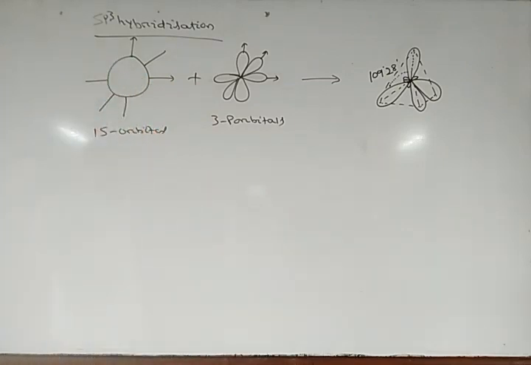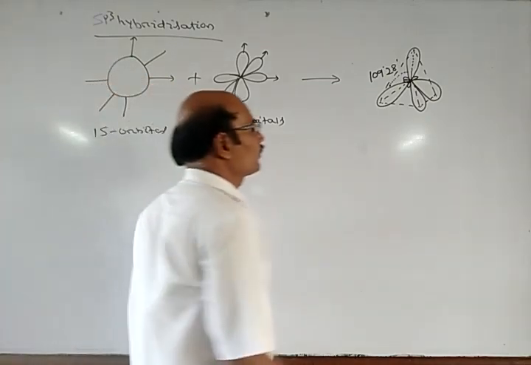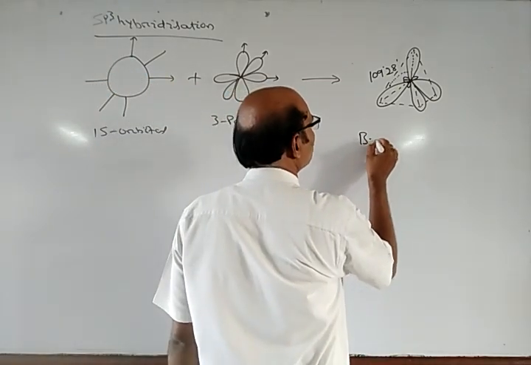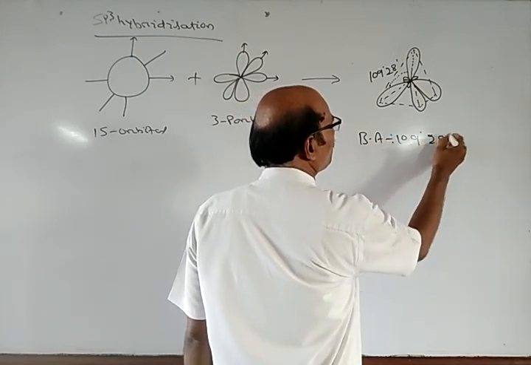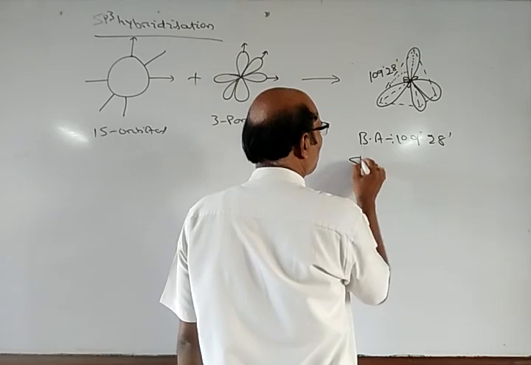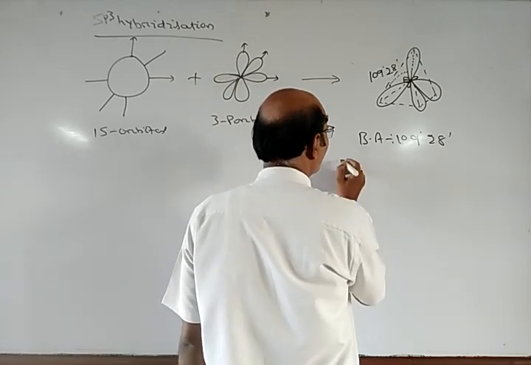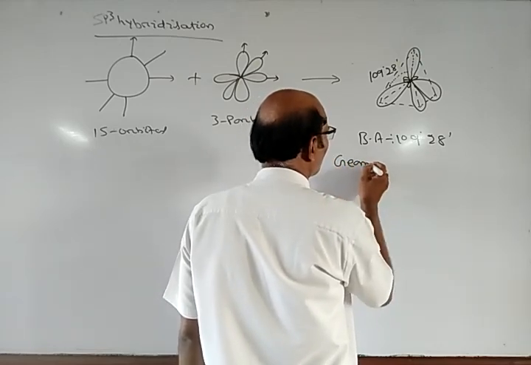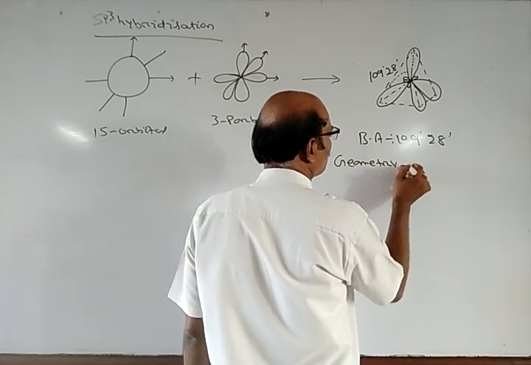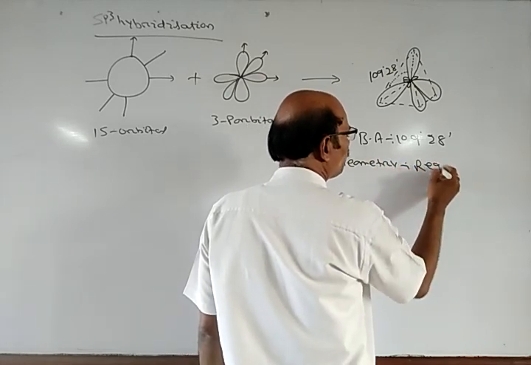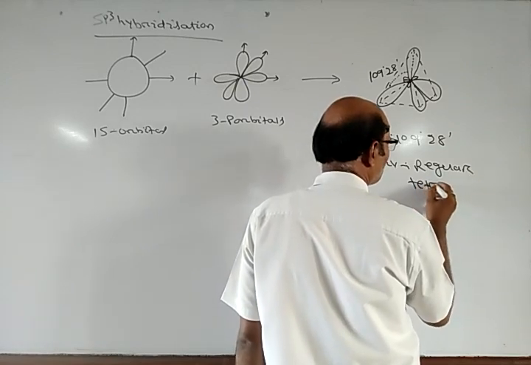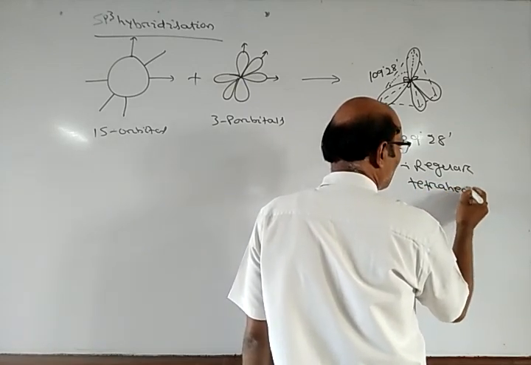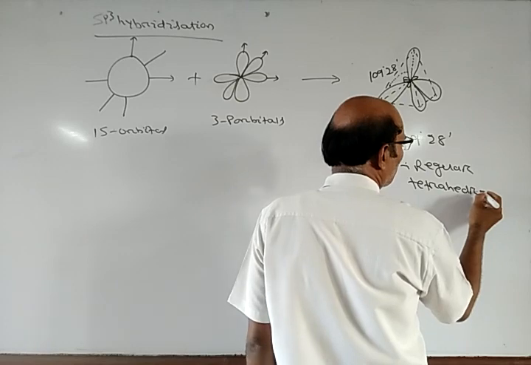So the bond angle is 109 degree 28 minutes, and the shape or geometry here is regular tetrahedral.